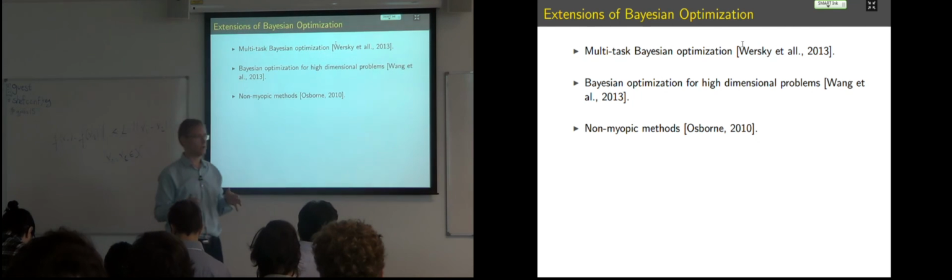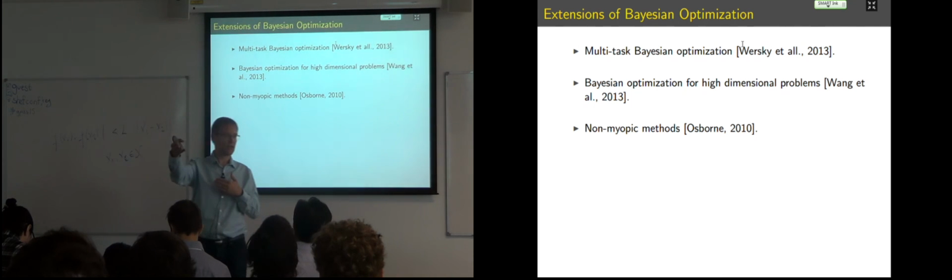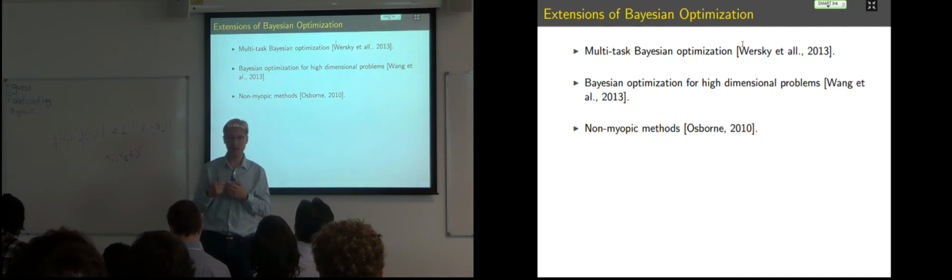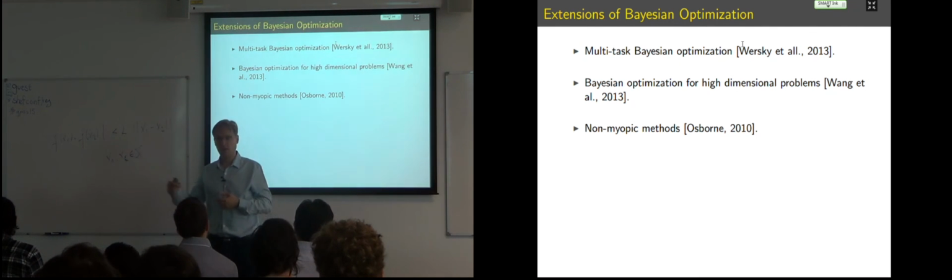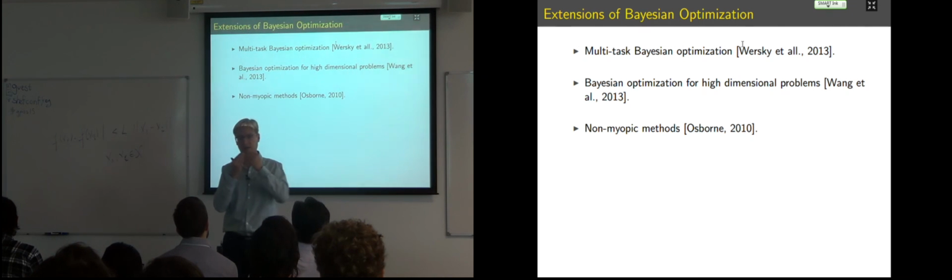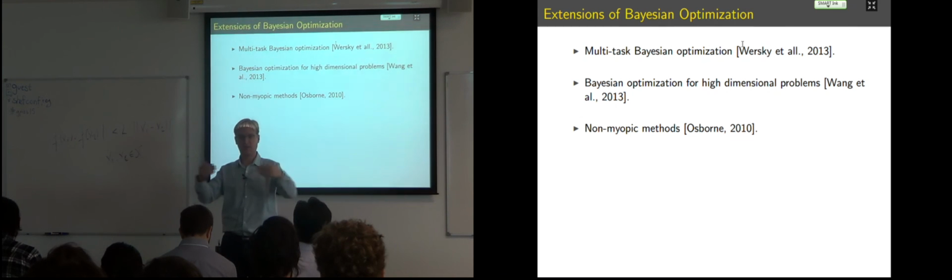But think about having 10 evaluations in the future and considering that in the decision that you make. In that case, you probably don't want to be so greedy about the next location you select, but you want to have in mind that you still have 10 evaluations to define a different strategy.